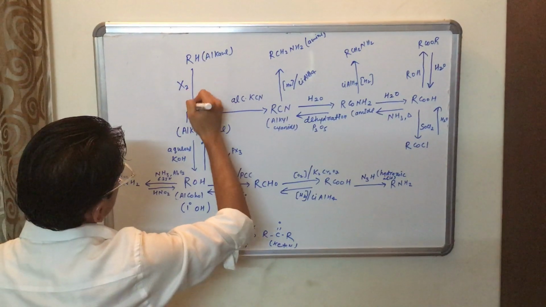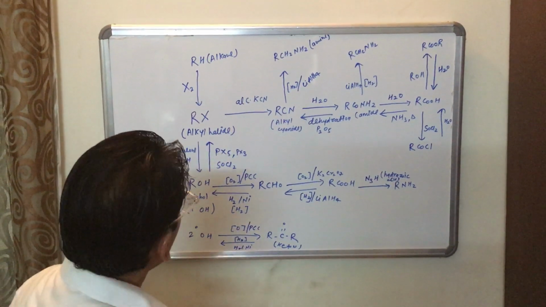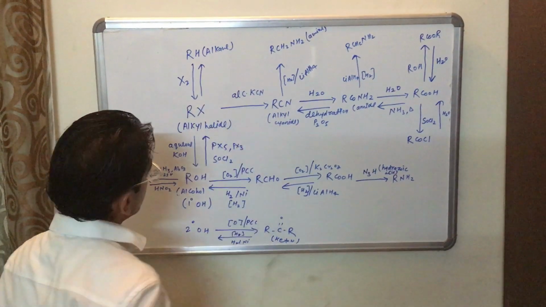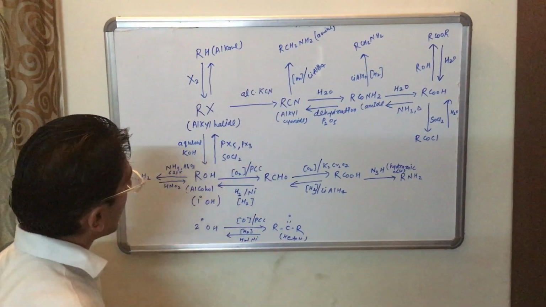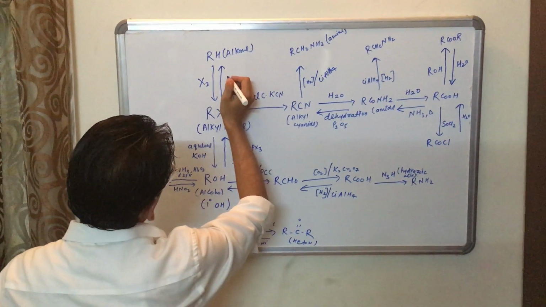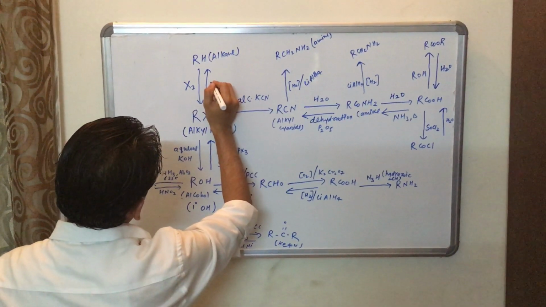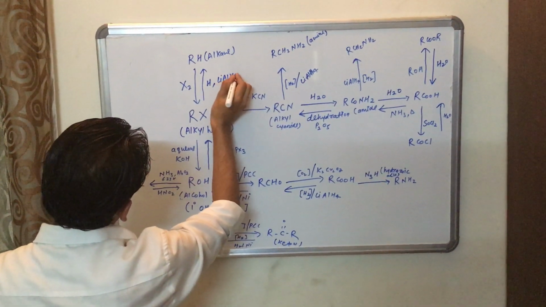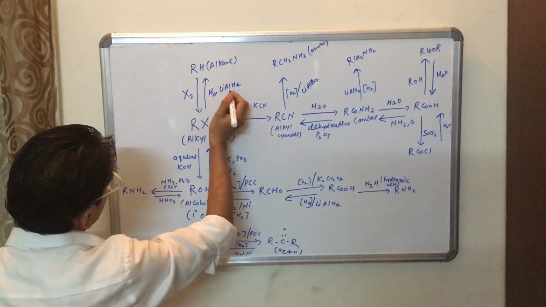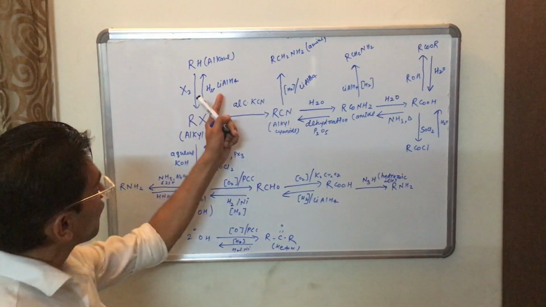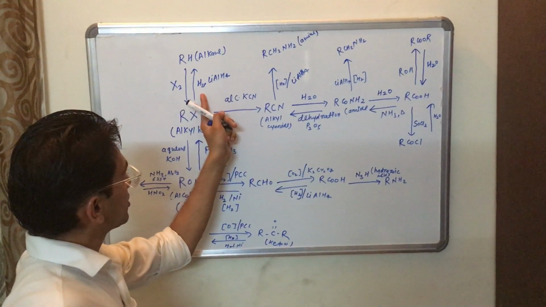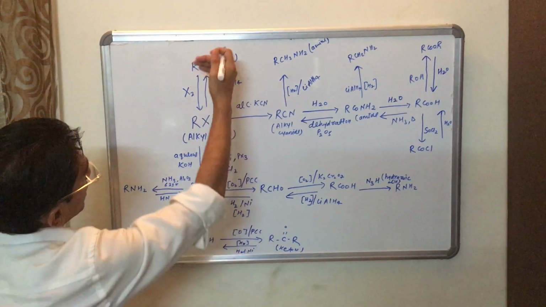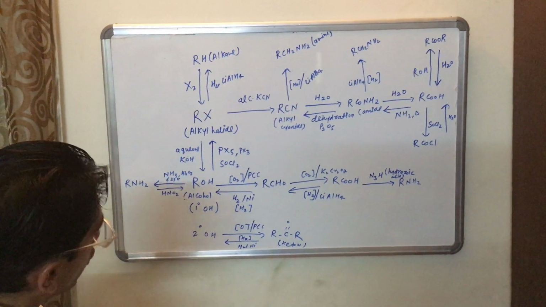By halogenation you will get alkyl halides, and from alkyl halides if I want to obtain alkane, there are so many processes, but frequently you can use reduction by adding H. Lithium aluminum hydride is used as a reducing agent. By adding hydrogen, that is the reduction process, with the help of the reducing agent lithium aluminum hydride, we can get alkane from alkyl halides.